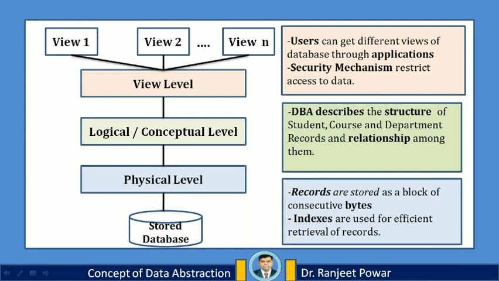Similarly, the database system hides many of the lowest level storage details from database programmers. Database administrators, on the other hand, may be aware of certain details of physical organization of data. Database use a type of data structure called an index to support efficient retrieval of records, and indexes are part of physical level.